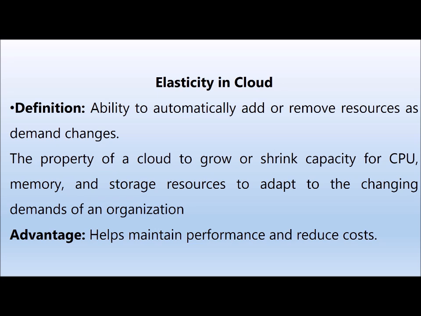So it is the property of a cloud to grow or shrink capacity for CPU, memory and storage resources to adapt to the changing demands of an organization. So based on the organization's requirement, the resources can be scaled up or scaled down. The advantage is it helps maintain performance and reduce cost. Because of this elasticity, the cost will be reduced and performance is increased.